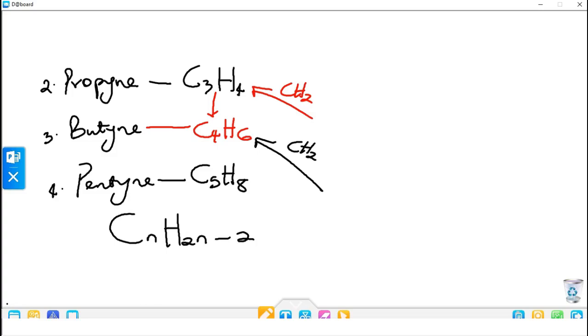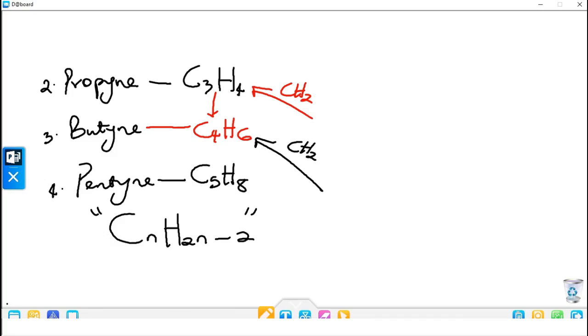So when you are to manipulate any calculation, we always make use of this formula. Okay, having seen that, students, you can go ahead to get yourself the formula for hexyne, for heptyne, octyne, and etc.